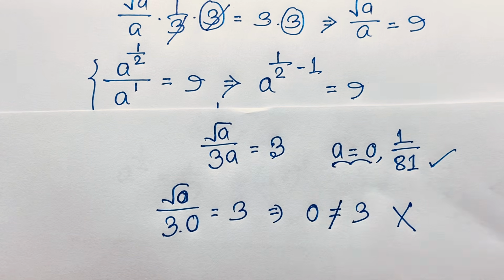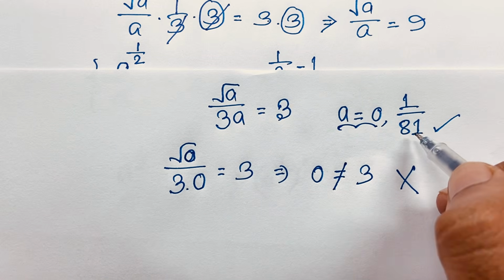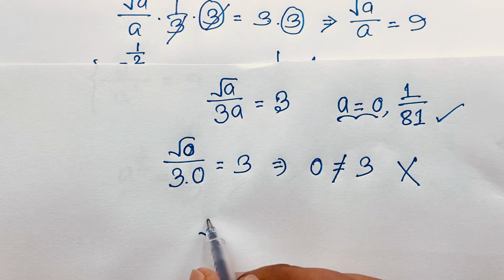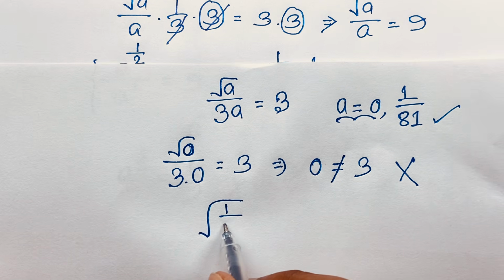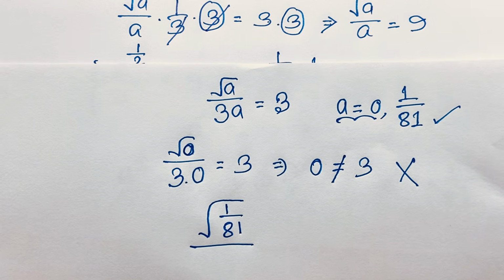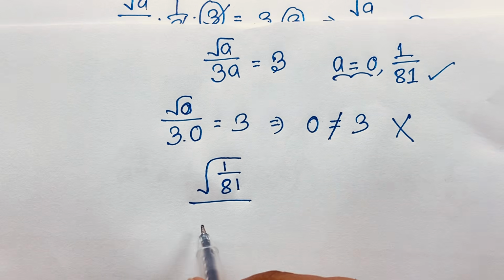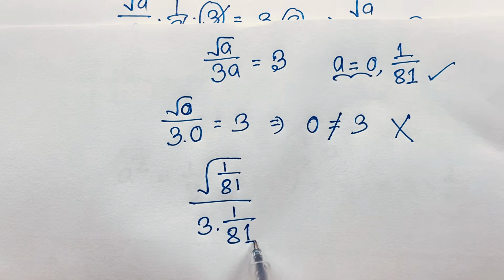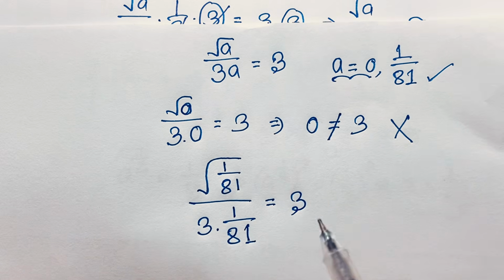So a is equal to 0 is rejected. But if I follow 1 over 81, this is square root a, so square root 1 over 81 over 3a, where a is equal to 1 over 81, is equal to 3.